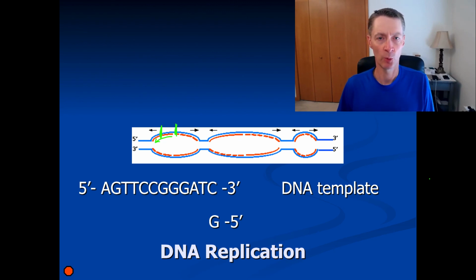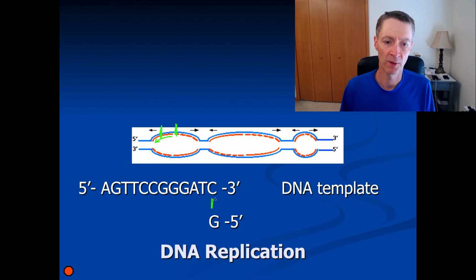You would want to tell me that we're going to begin on this side where we see the 3' with a cytosine, and we want to add the guanine with a 5' end on that side. So the first nucleotide to go down would be guanine. Why? Because C and G go together, with hydrogen bonds between them.